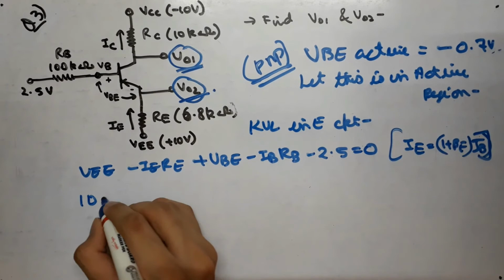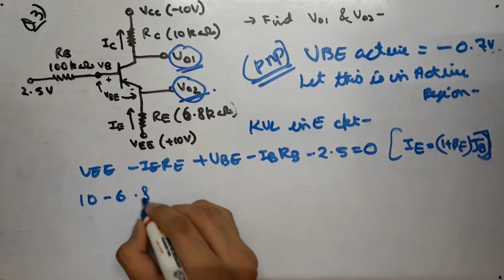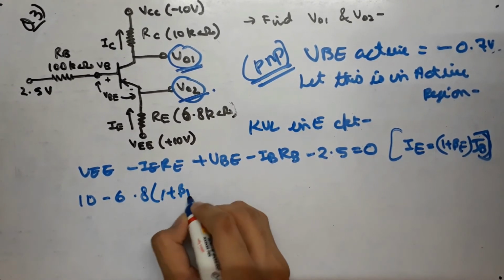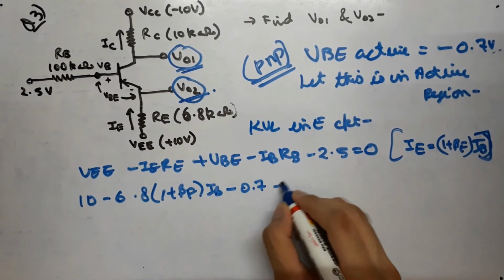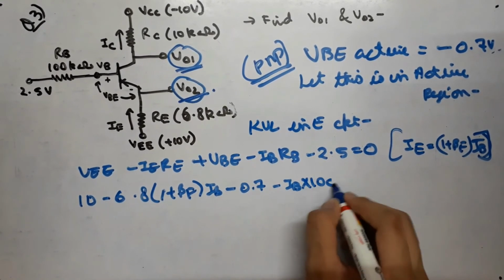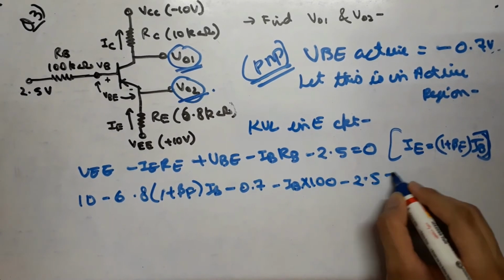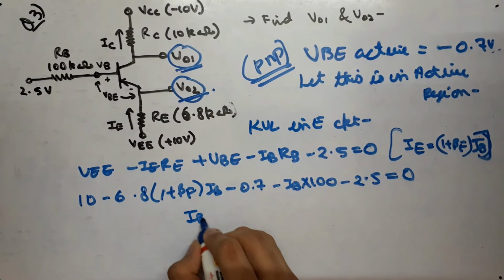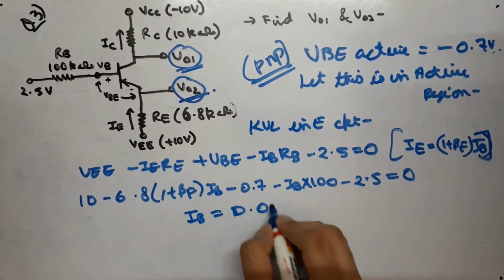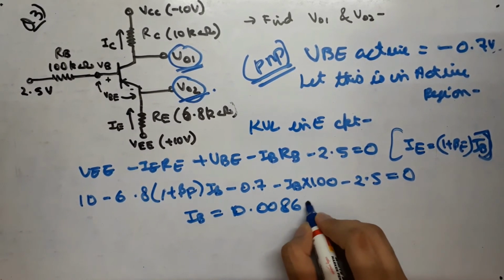Thus putting the values, we get minus 10 minus 6.8 into 1 plus beta F into IB minus 0.7 minus IB into 100 minus 2.5 is equal to 0. Now from solving this, we will get IB is equal to 0.0086 milliampere.